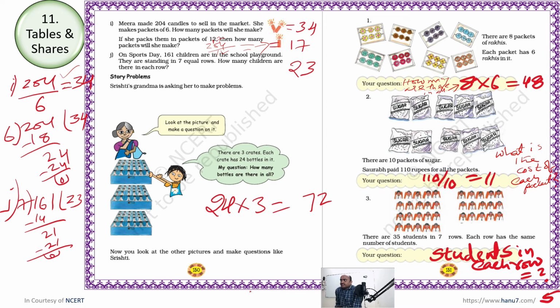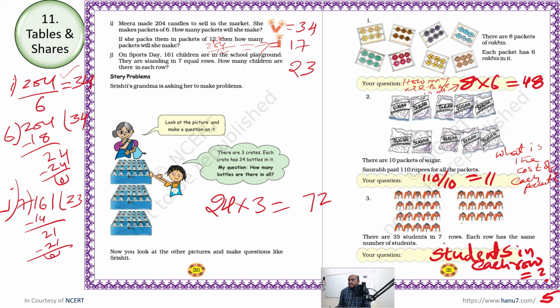You have to divide 110 by 10, so you will get 11 rupees as the cost of each packet. Of course, we don't know the weight and everything of that particular sugar. We are supposed to calculate only the cost of the packet.